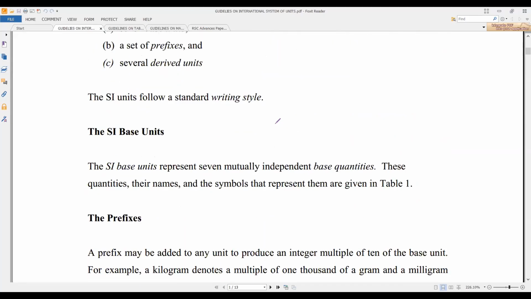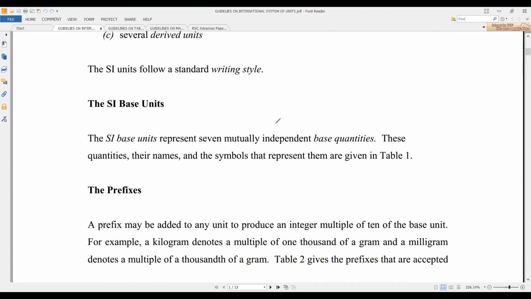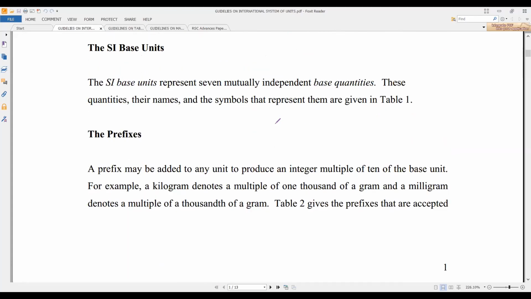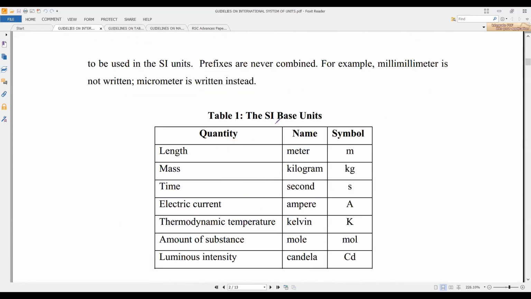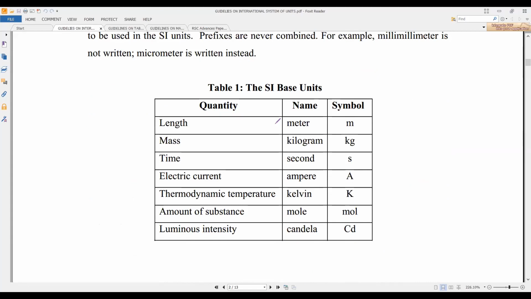So base units are well known to you. These are 7 base units we have: length, mass, time, electric current, thermodynamic temperature, amount of substance, luminous intensity. These are the units and these are its symbols. Meter, kg.